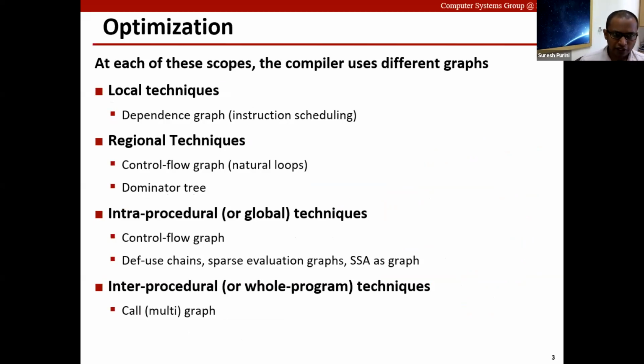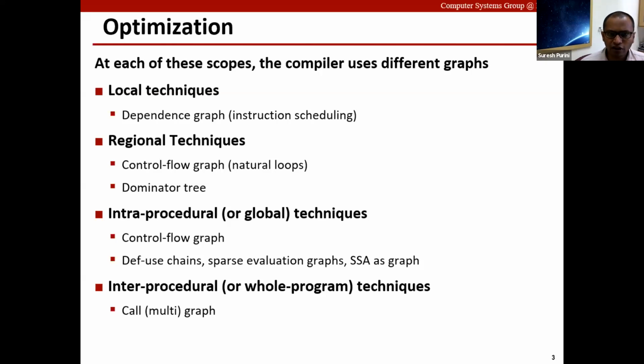When a compiler is trying to perform optimization at a particular scope or level, it creates some data structures. For example, while working with optimization techniques at the basic block level, depending upon the kind of optimization being done, certain data structures will be created.